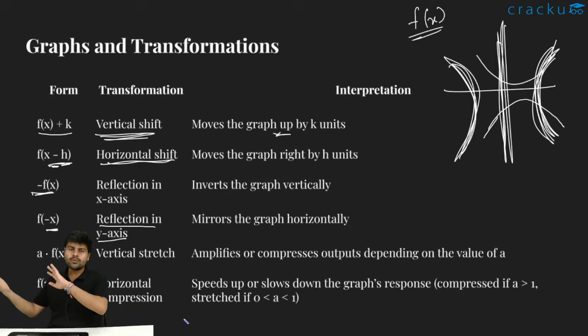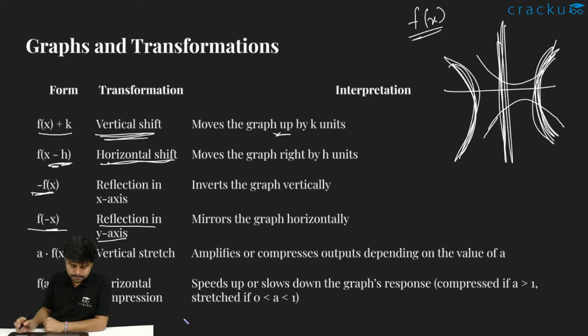So all the inputs will shift. Essentially you are rotating the graph by 180 degrees, and whatever comes in front of you is the 2D image that you get. So this is what we do if we want to reflect a graph against the y-axis.